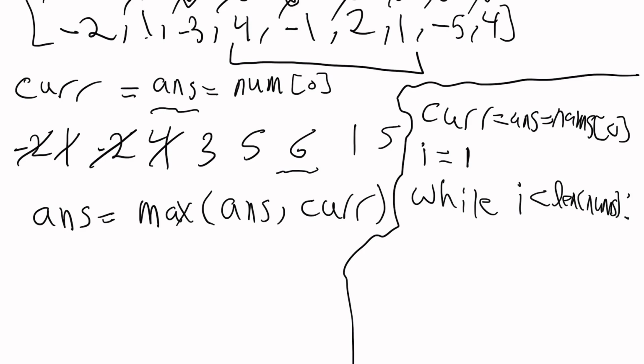what I'm going to do is check, as I said before, about the current. So if the current is less than 0, this means that we need to forget about the current and assign it to the new number.